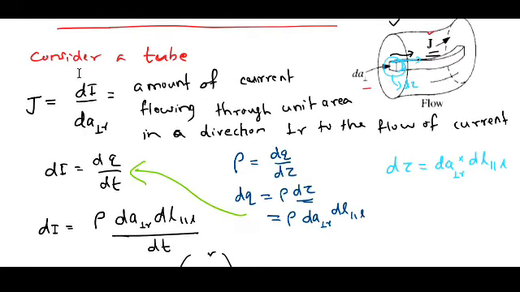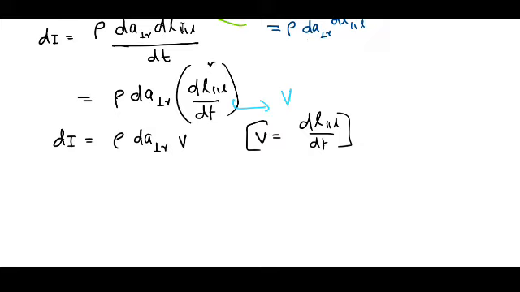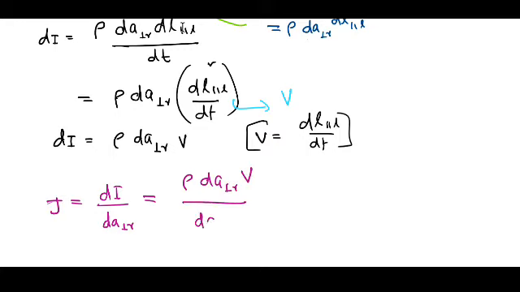Now, if you go back, this was our expression to find the volume current density J. Now that we have derived an expression for di, substitute it into that expression. J is the current flowing per unit area perpendicular to the current flow, di by dA perpendicular, which is rho dA perpendicular V divided by dA perpendicular.